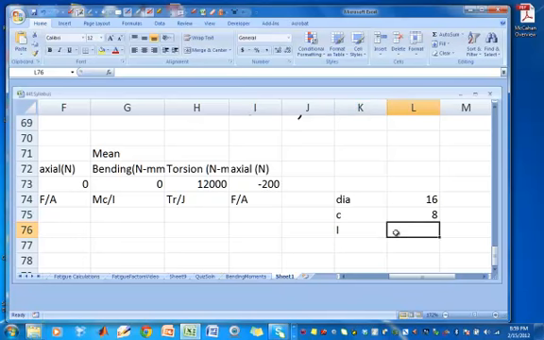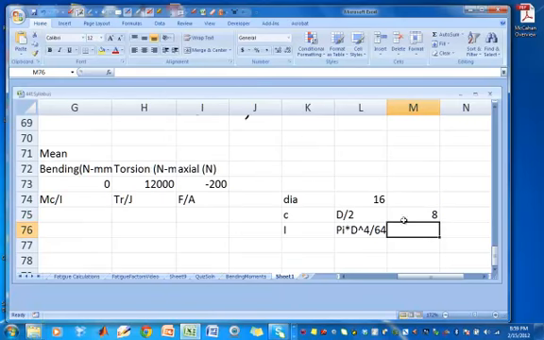I don't know whether you remember, I is pi times d fourth over 64. So c is d over 2, so this is 8. I is pi d fourth over 64, which turns out to be pi times 16 fourth divided by 64.